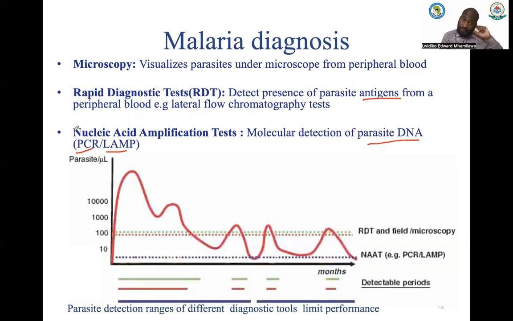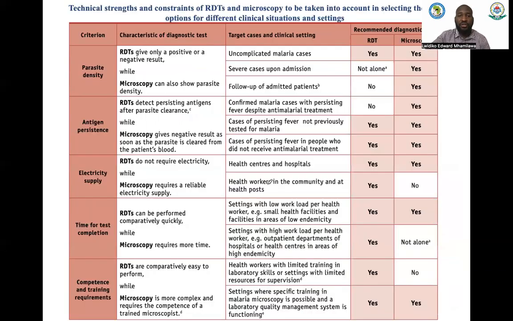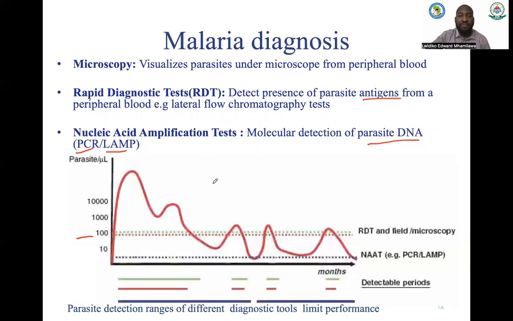Now, there is a difference when it comes to sensitivity of these tools. This graph shows you the parasite detection ranges of different diagnostic tools and their limits when it comes to performance. Here is parasites per microliter of blood, and this is how low it can still be positive. You can see the limit of detection for rapid diagnostic tests and field microscopy is between 100 to 150 parasites per microliter or less.